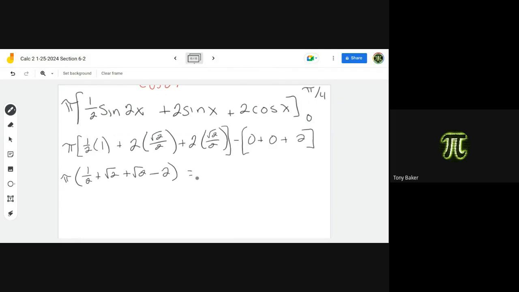You're right. So I get negative 3 over 2 plus 2 square root of 2, with positive attached to it, right?